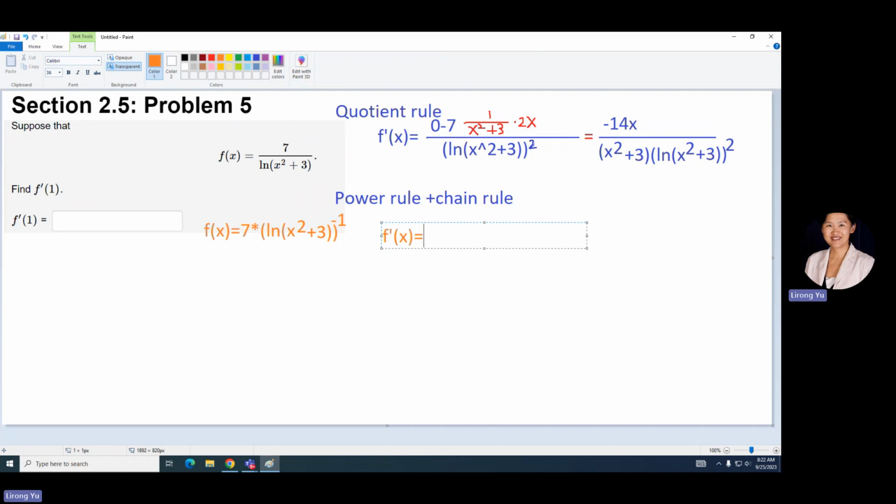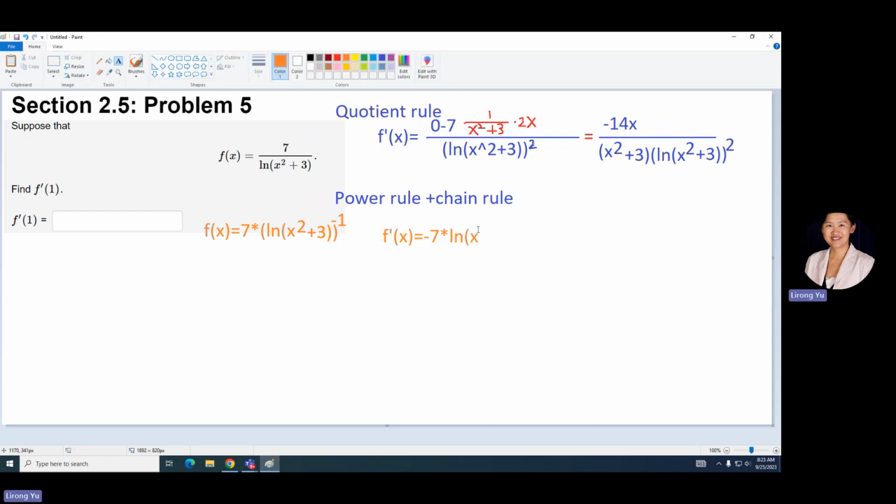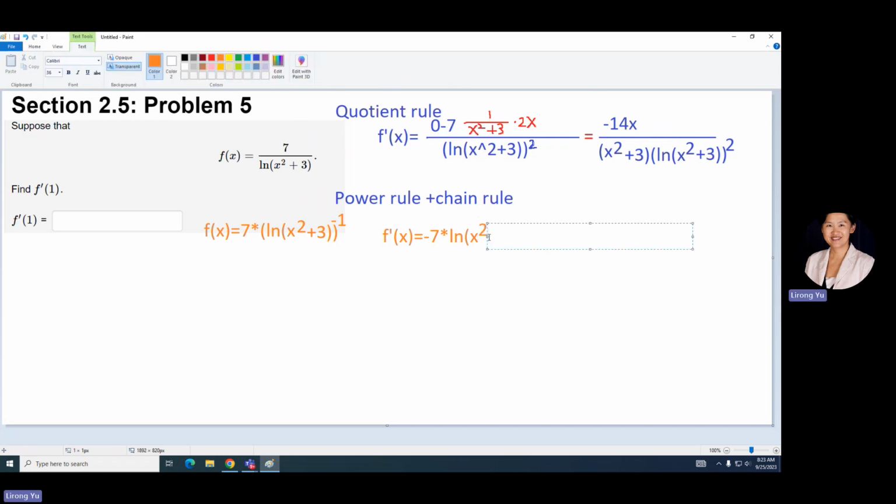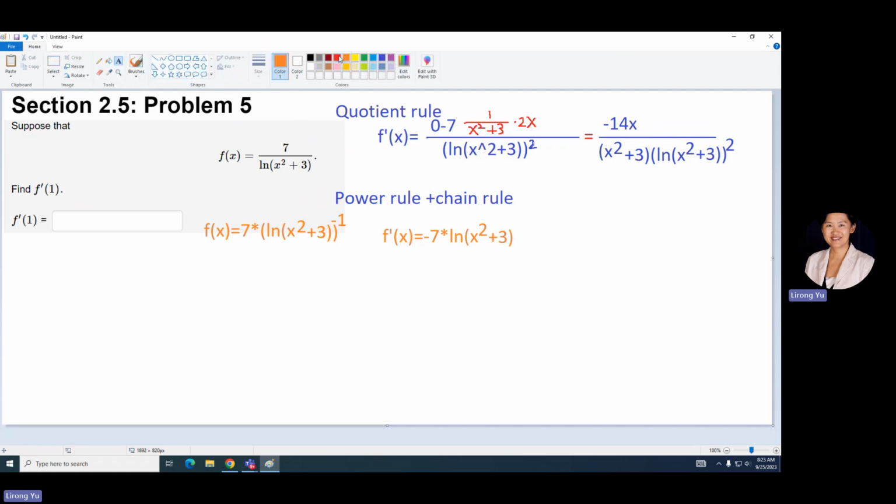then you take the power multiplied by the coefficient, that's -7. So we have -7 multiplied by the logarithm of x squared plus 3, and this should be raised to the power of -1 minus 1, which is -2.